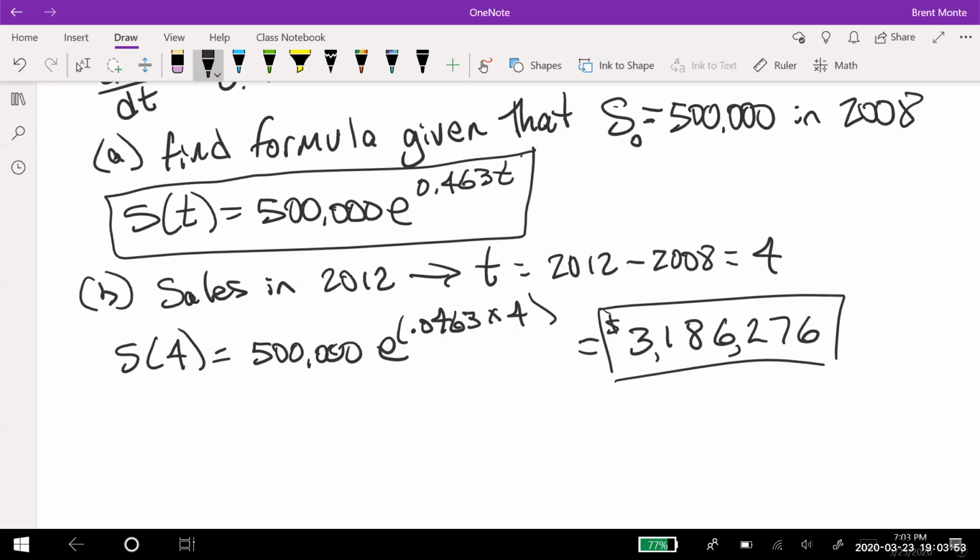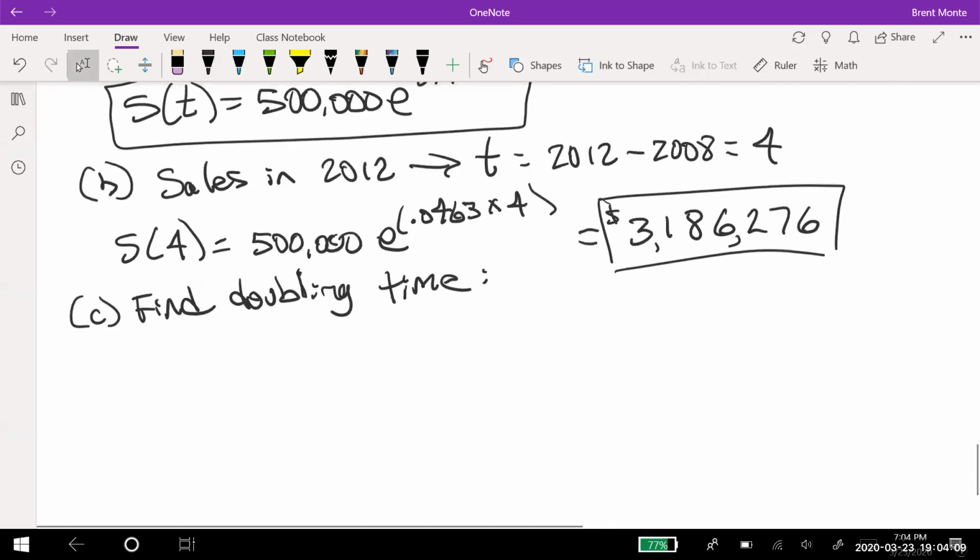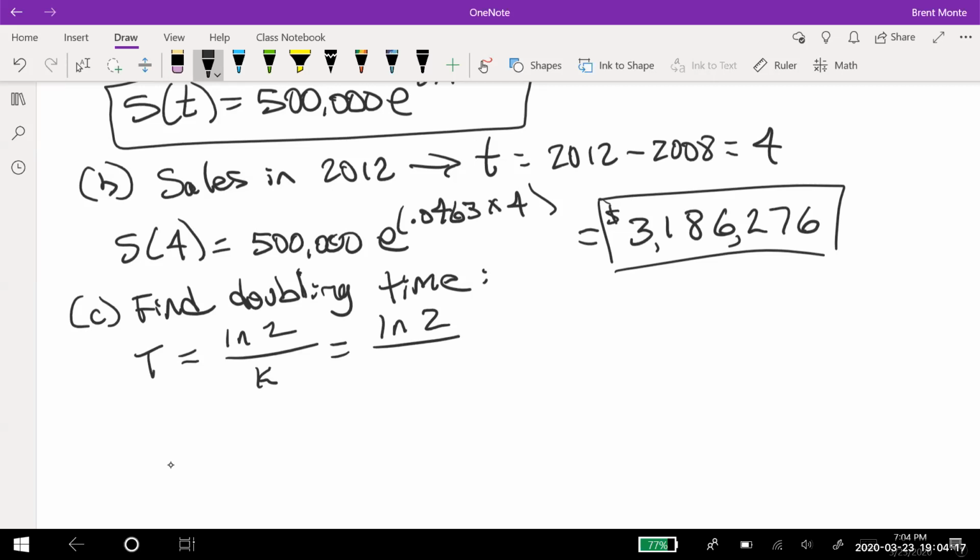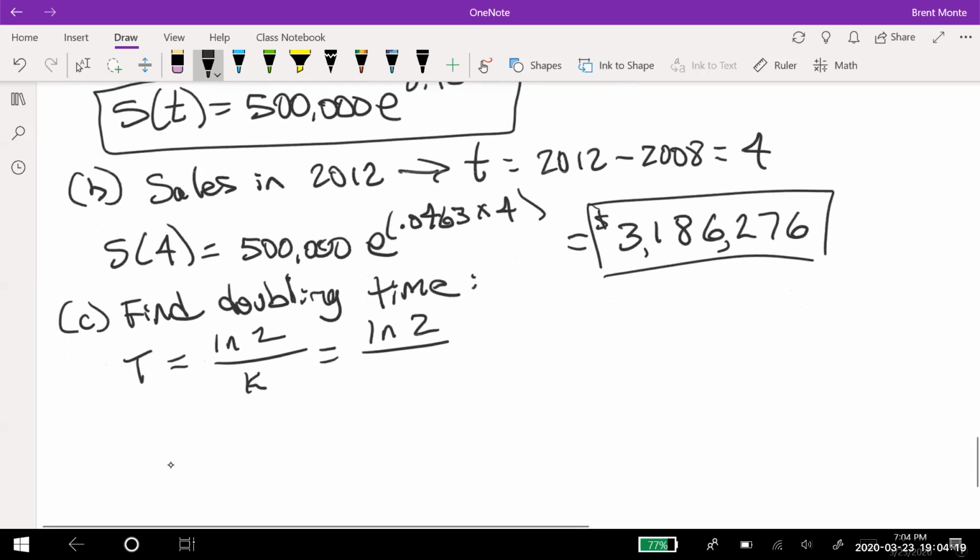Now let's find the doubling time. Since we already worked on it, we'll go straight to the formula. The time to double is ln of 2 divided by k, which in this case is ln of 2 divided by 0.463.